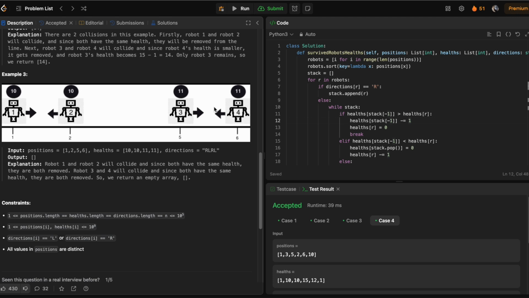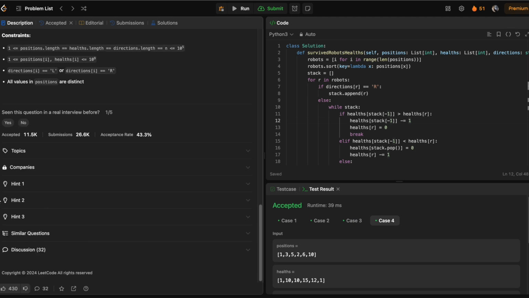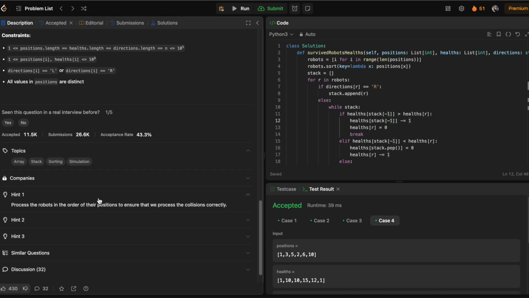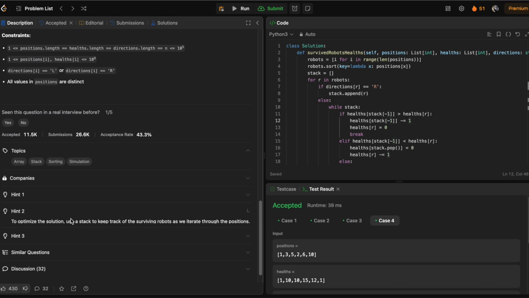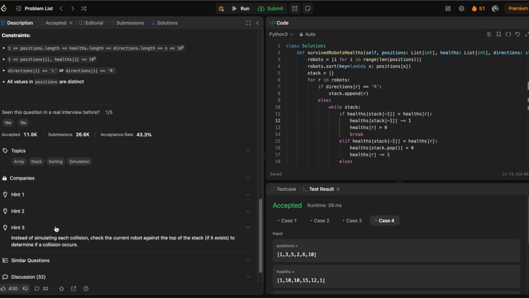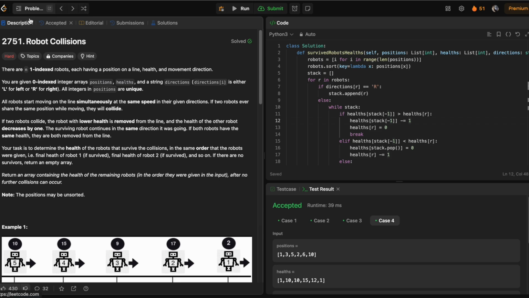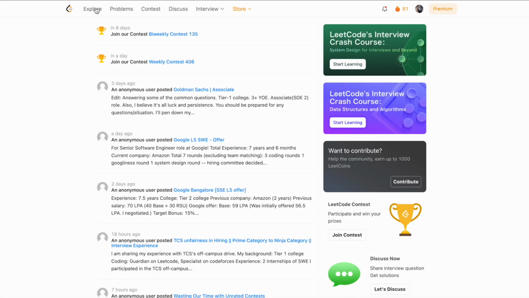But in the end, you would still use a stack, except you would use it as a monotonic stack, I think. Let's see. Yeah, stack, blah, blah. Okay, let's look at similar questions. Asteroid collision. I'm not sure about that, but there's definitely a lot of collision problems.